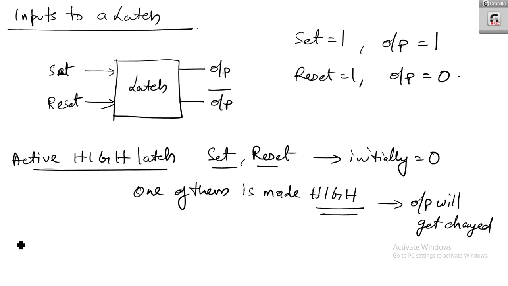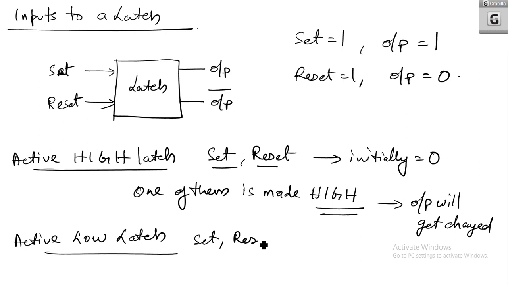Now next one is active low latch. Active low latch means initially set and reset are 1.